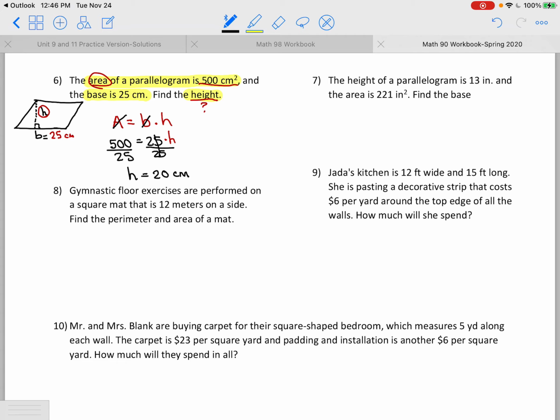Now, even though we're talking about area, only the final area is squared. We already know that, right? And that's because our base and our height both are in centimeters, and centimeter times centimeter is going to give us centimeters squared. Okay, so we just leave that as our linear measures.